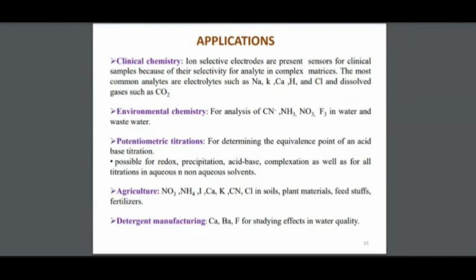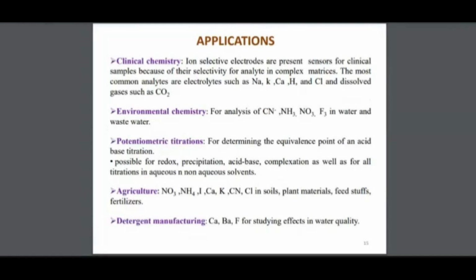Then applications in environmental chemistry for analysis of cyanide ion, ammonia, NO3, F3 in water, and also in the analysis of wastewater. Then comes potentiometric titration in the lab for determination of the equivalence point of an acid-base titration. It is also possible for redox, precipitation, acid-base, complexometric titration, as well as for non-aqueous and aqueous solvents.